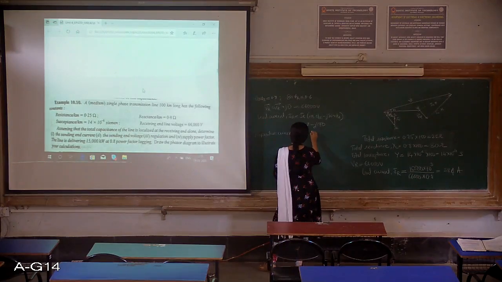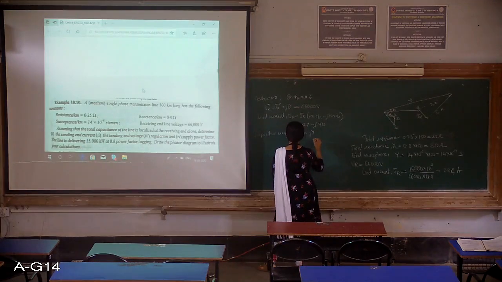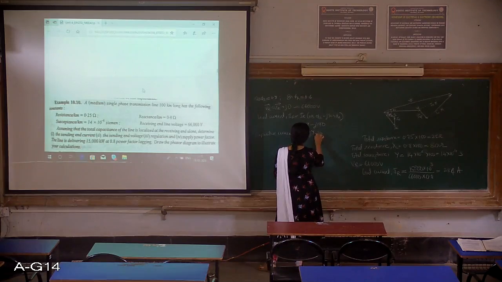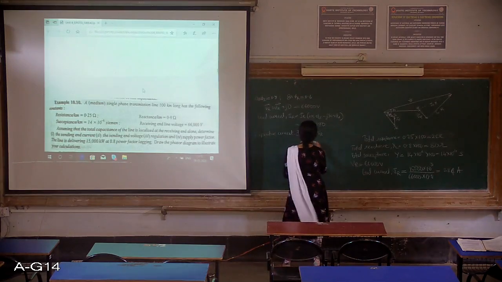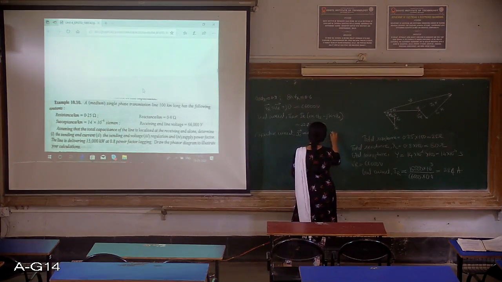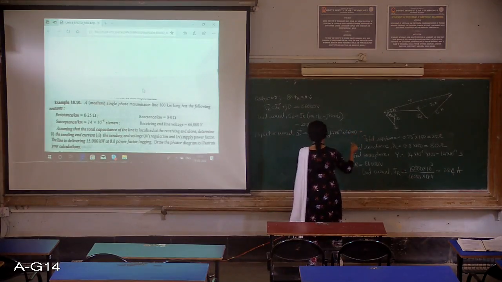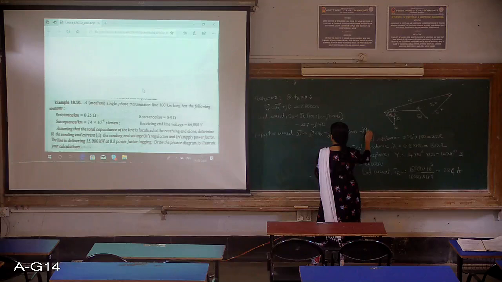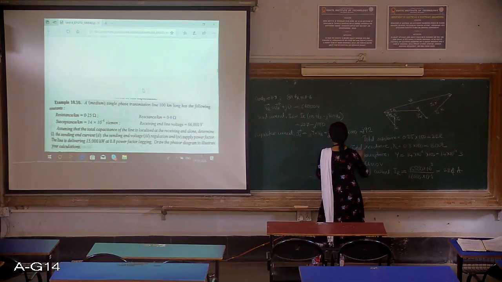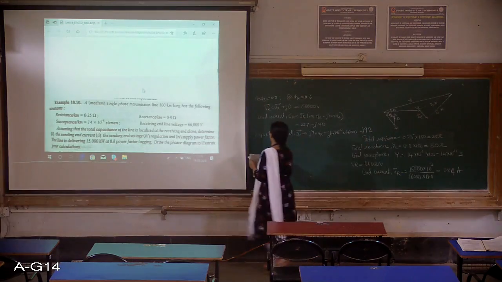You can take j omega C or you take jY into VR, admittance into voltage. This comes out to be j 14 into 10 raised to minus 4 into 66,000. This is around j92 amperes. Now we'll start with the first question.